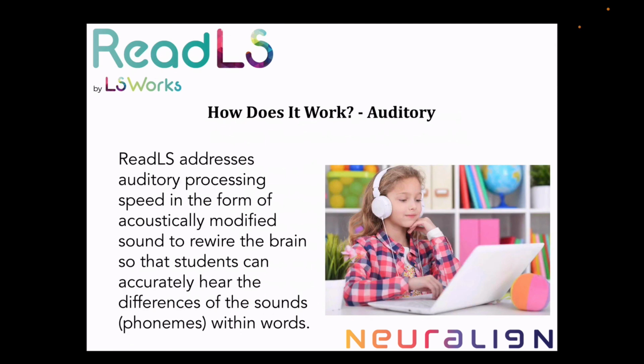So ReadLS addresses the auditory processing speed in the form of acoustically modified sound to rewire the brain so that students can accurately hear the different sounds within the words, the phonemes.